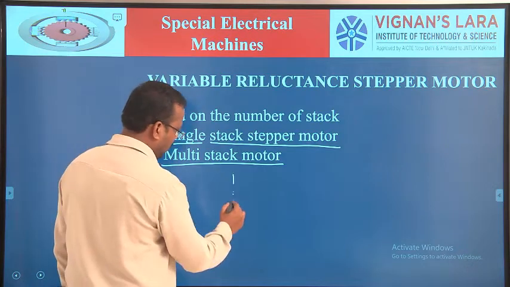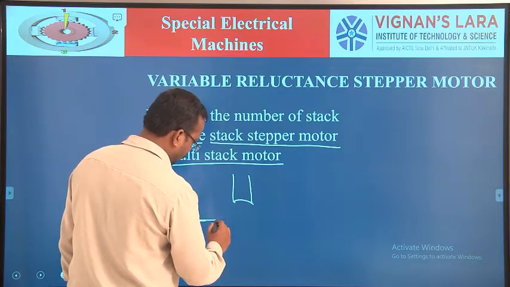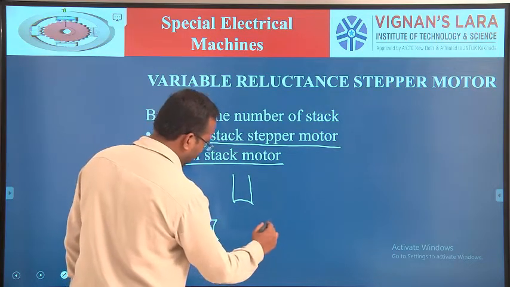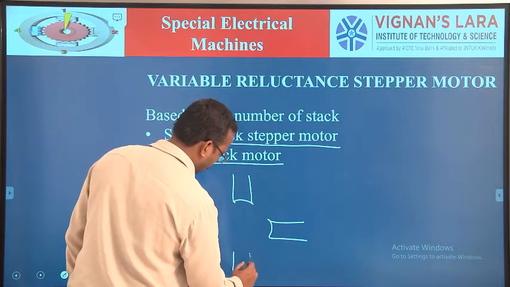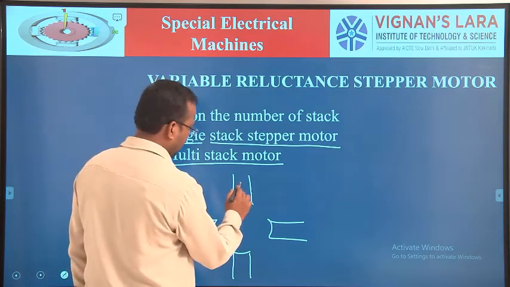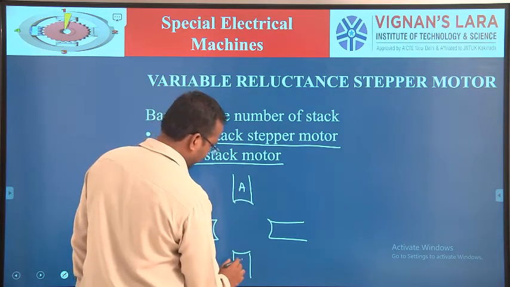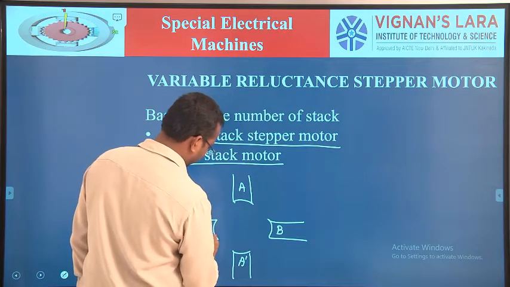The 2-phase stepper motor has 4 stator poles. This is phase A, this is A prime, and this is B prime.